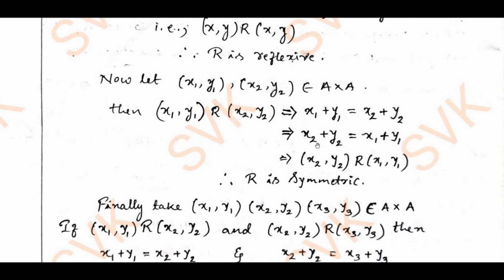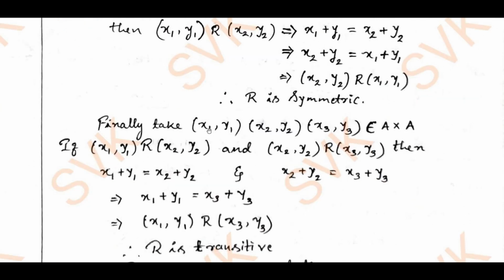So using the definition of the relation, I can write that (x2, y2) is related to (x1, y1). That is called a symmetric relation. If (x1, y1) is related to (x2, y2), then (x2, y2) is related to (x1, y1). Therefore R is symmetric.